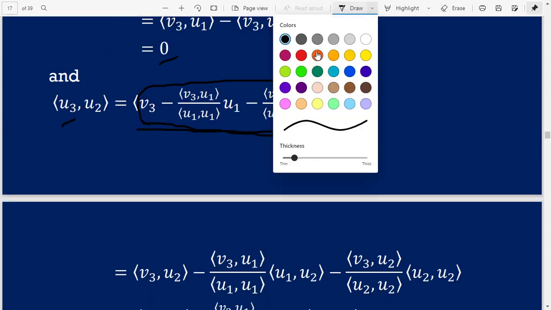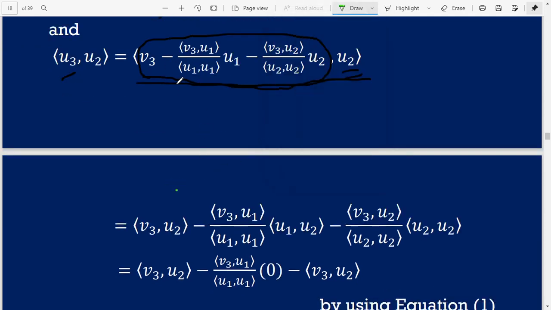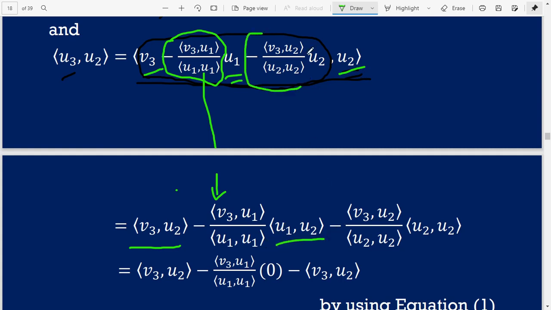So inner product V3 with U2 minus this term into inner product U1 with U2, minus this term into inner product U2 with U2.